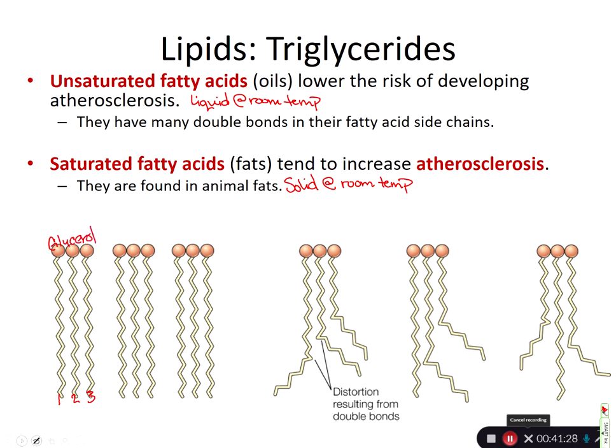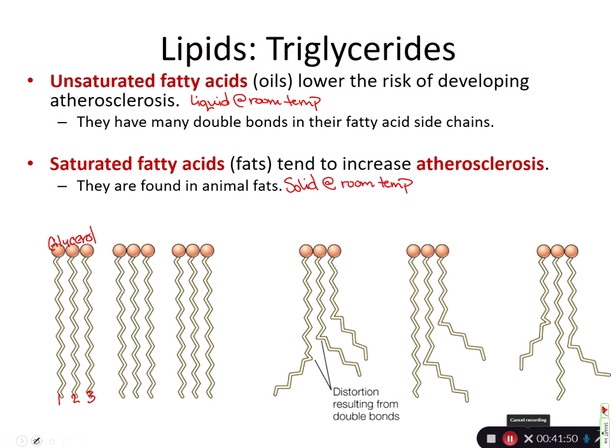So these are considered saturated fats over here. The reason this is a saturated fat is because these fatty acids, notice how these fatty acid molecules are really straight for the most part. They are straight because they are saturated with hydrogen ions.